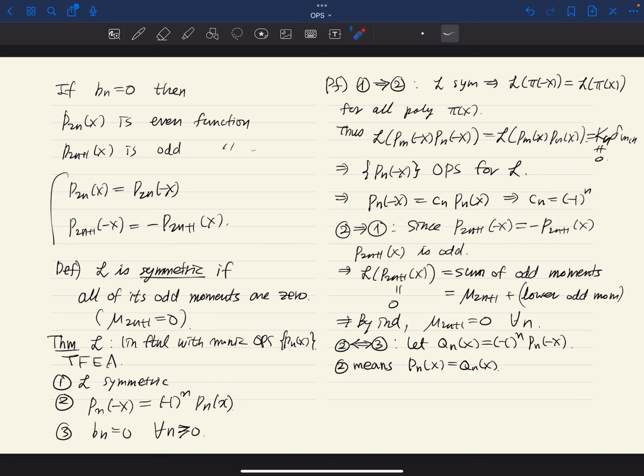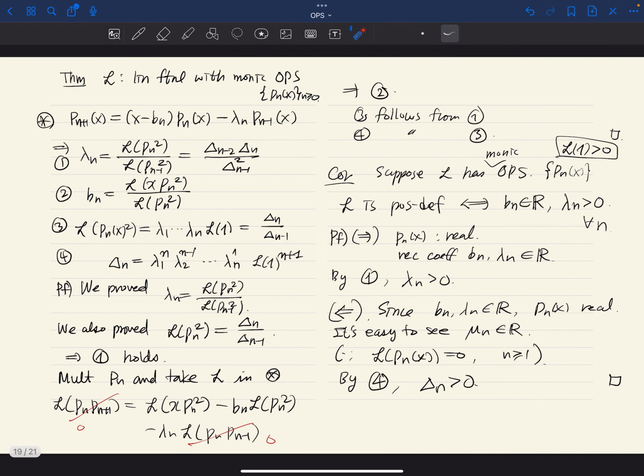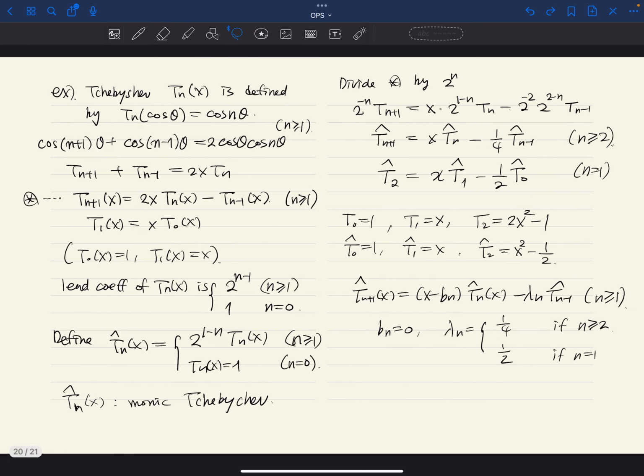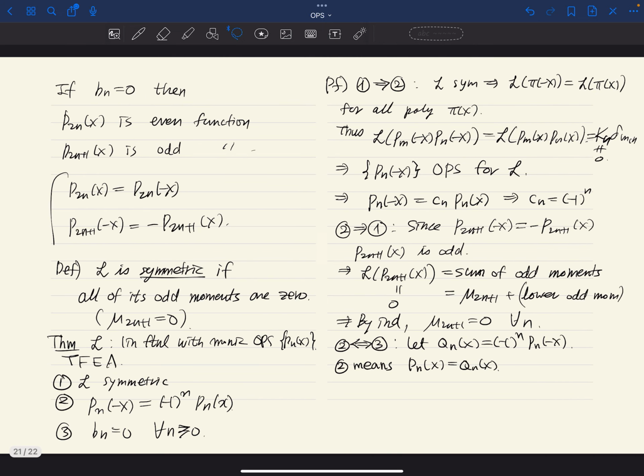But we have a recurrence for P_n. How can we get a recurrence for q_n?